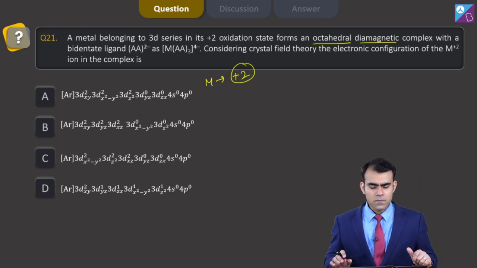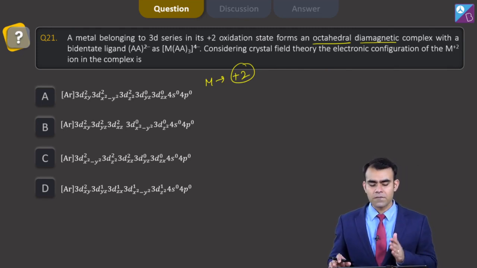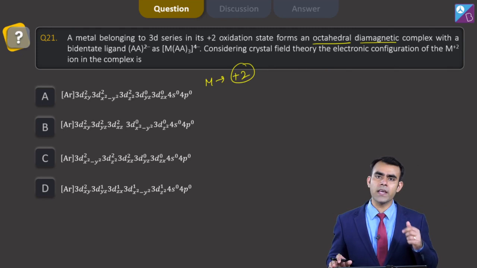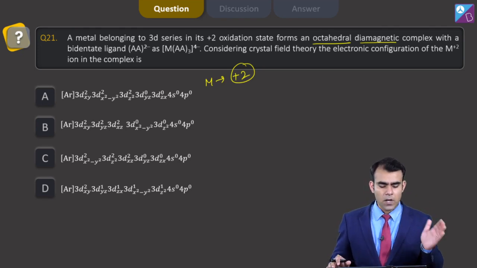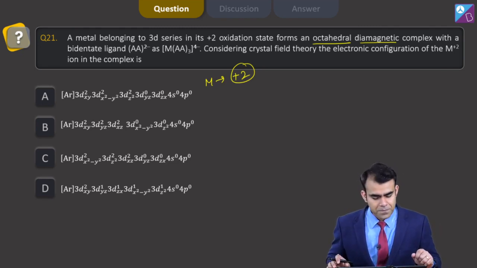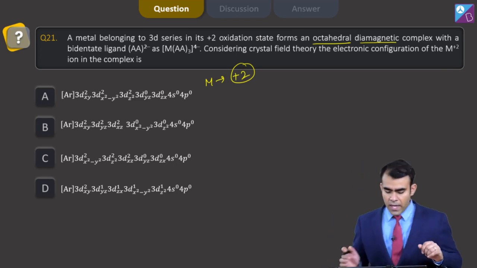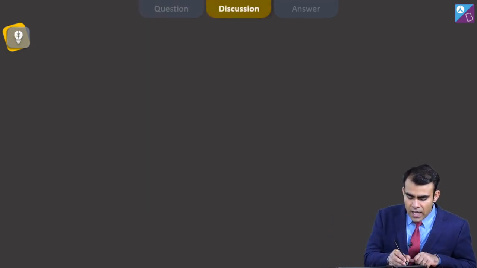Okay. Considering crystal field theory, the electronic configuration of the M2+ ion in the complexes. Now we have to see that what is the configuration of the electrons that are filled in 3D 4s and 4p orbital of a 3D series element having oxidation state +2. Now here we have to apply CFT, and in CFT what we know is that I have 5 degenerate orbitals.